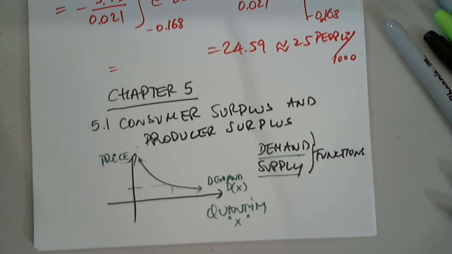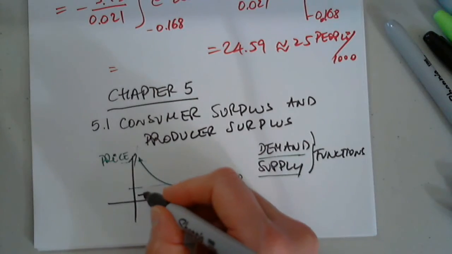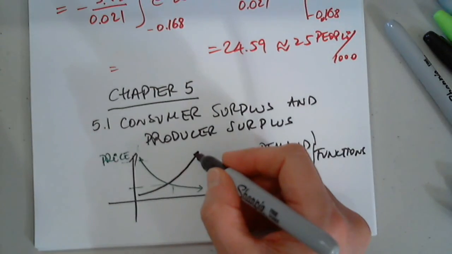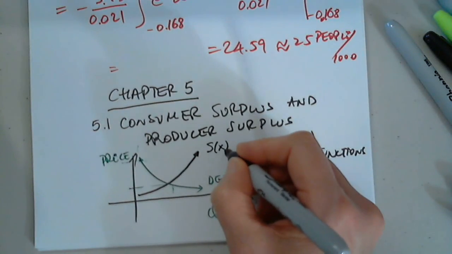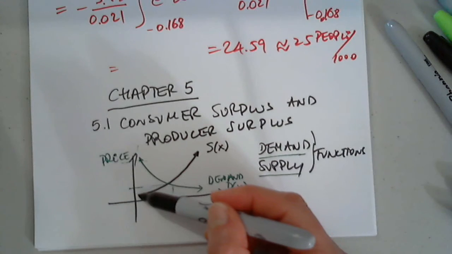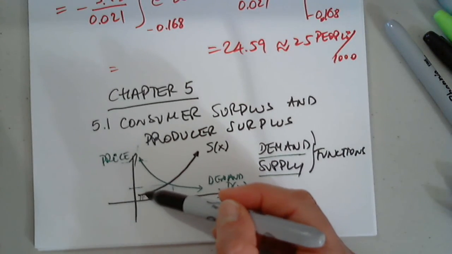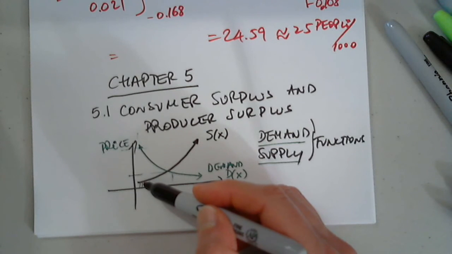So now what about the producers? Well, it's the opposite situation. So this is the supply function, S of X. What does this mean? When the price is low, the manufacturers don't like it. They don't want to manufacture something that they cannot sell for a profit.